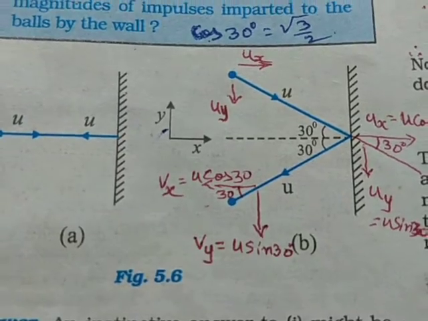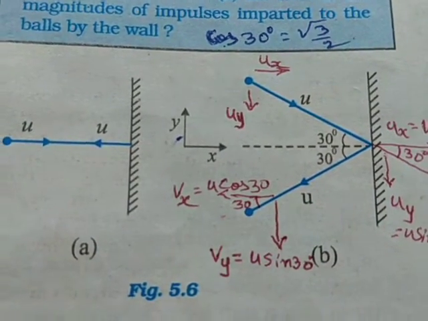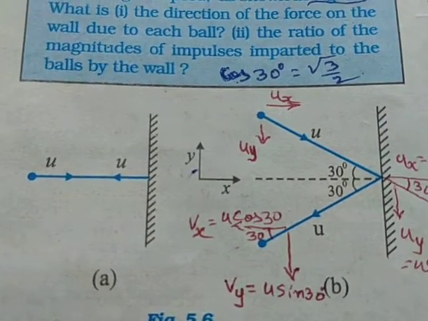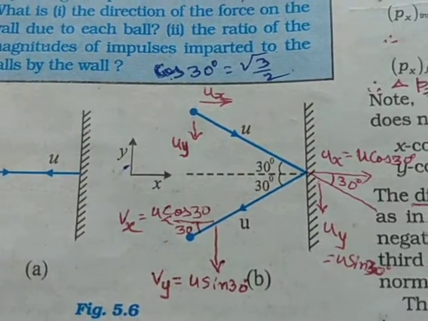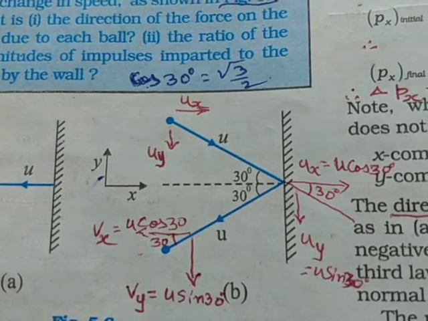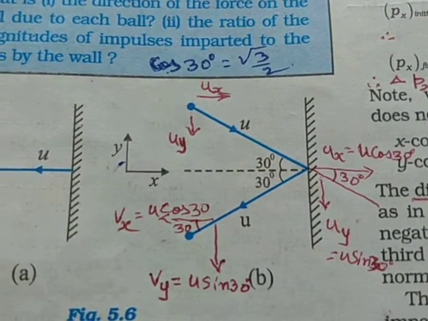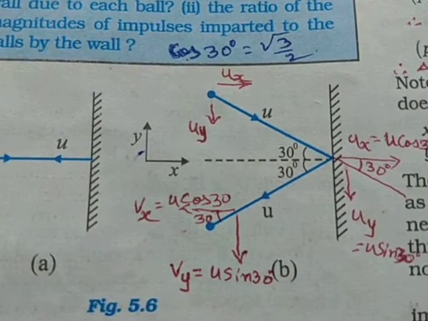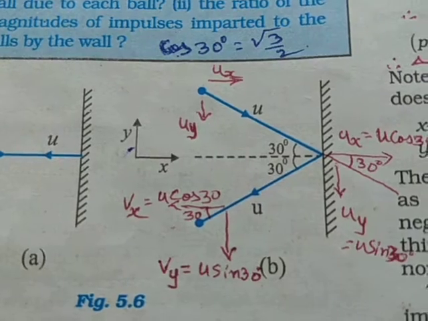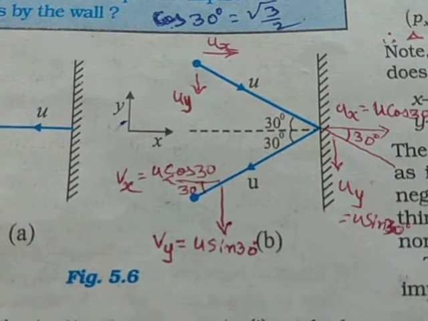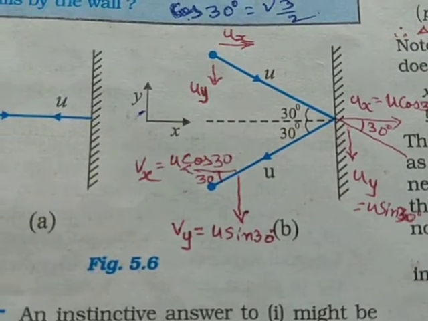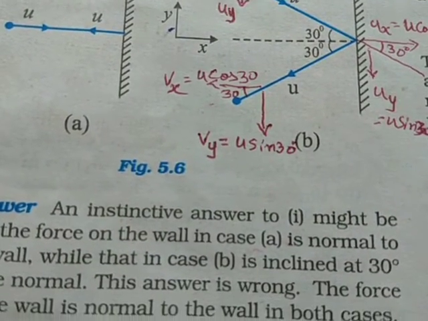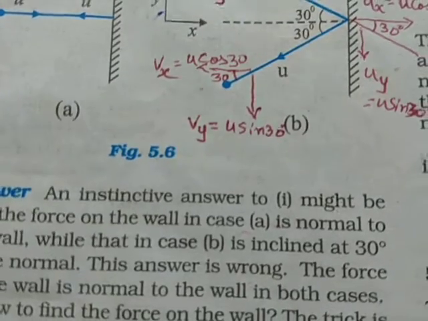Initially, while it is going to strike the wall, the component of velocity along the x-axis, say ux, is equal to u cos 30 degree, and the initial velocity of the ball before it strikes the wall along the y-axis is u sin 30 degree along the negative direction of the y-axis, so you can even mention it as minus u sin 30 degree.